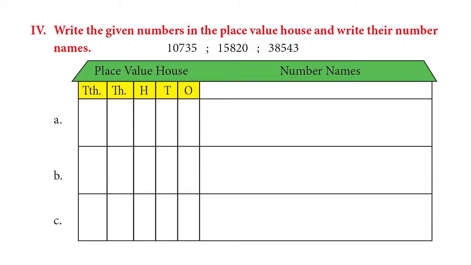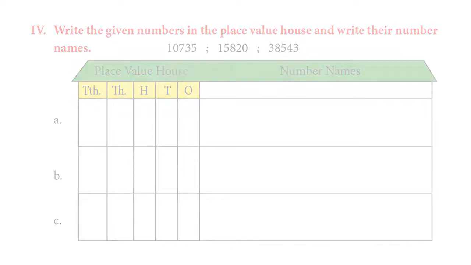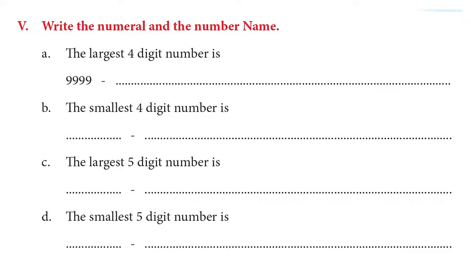So, all of them are 5 digit numbers and you will need to use the 10,000th place. All right. So, you remember when you are writing a 5 digit number, you will always have a comma after the thousands.